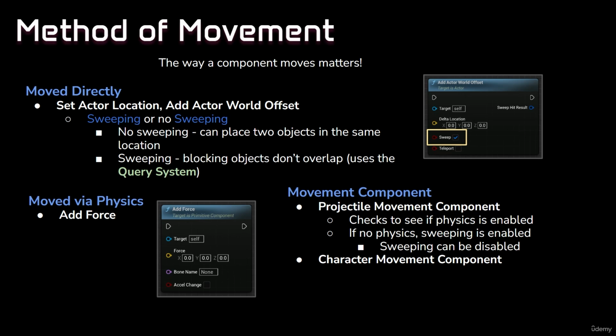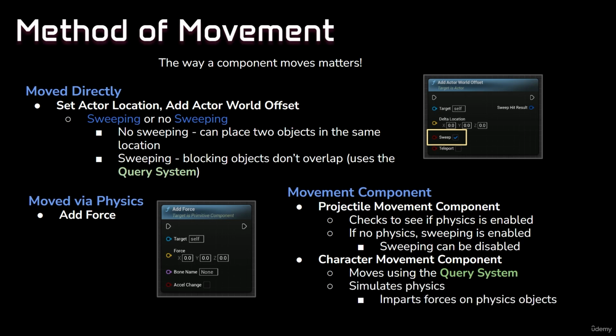Character movement components move their character's root component by updating its location and using the query system. This involves using sweeps to stop the character from passing through blocking objects. But it's also simulating physics, and it will impart forces on objects that are simulating physics. So it uses both the query system and the physics system, and as we've learned, this is more expensive than just one or the other.